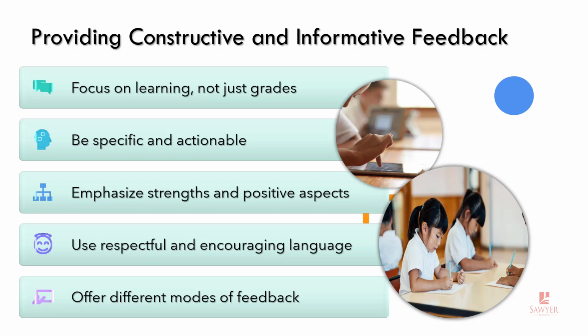When it comes to different modes of feedback, you have the grading system that we obviously use, but consider written feedback and verbal feedback. You can have individual feedback. You can have group feedback.